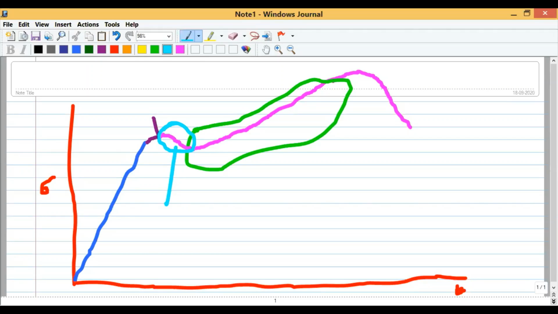So this phenomenon is characteristic of a certain material, as well as of this particular region where your material is behaving, showing stretching of the realigned polymeric molecules.